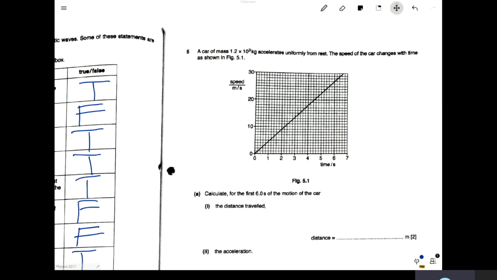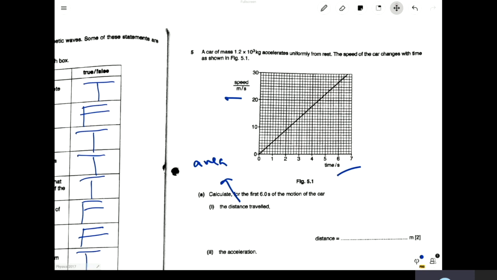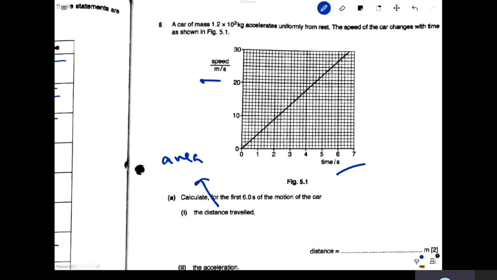Okay, so calculate for the first 6 seconds the distance traveled. So take note, speed-time graph, distance is the area. Gradient is acceleration, but here we need the area. So first 6 seconds. Where is the first 6 seconds? Let's highlight this, this is my super straight line technique. Can you see that's the first 6 seconds? So I need the area under that part.